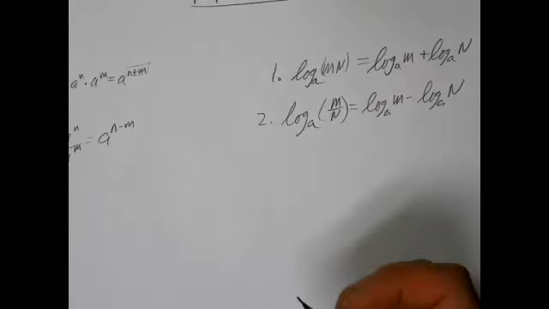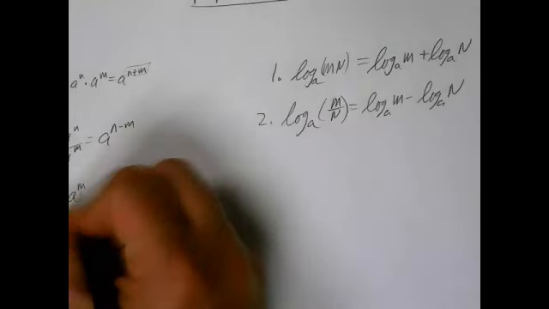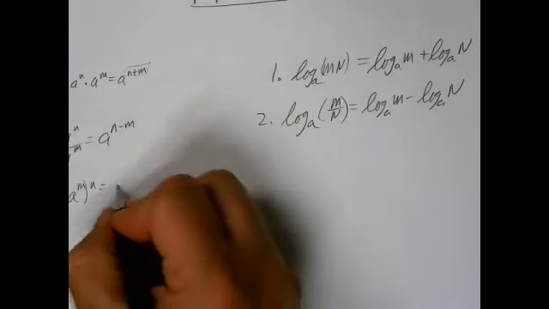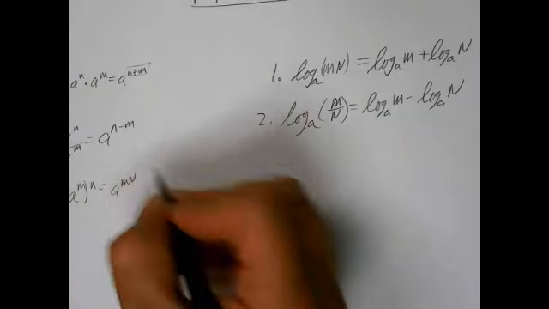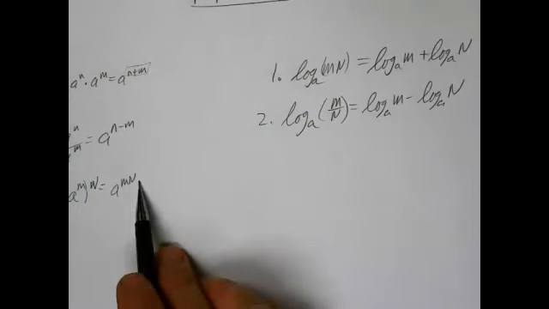And then the next law from exponents is the one that says a to the m to the n is a to the m times n. In other words, when you raise a power to a power, it turns into a product.